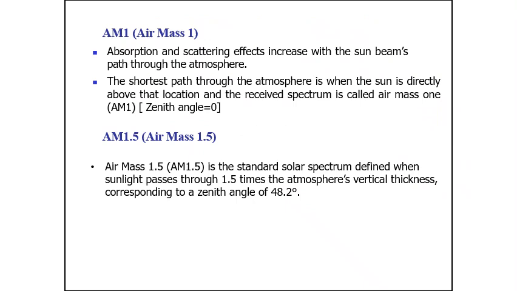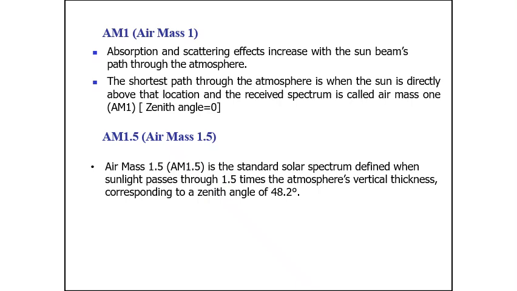Now we will look into the condition when the solar irradiation enters the Earth's surface and its atmosphere. So considering that air mass 1 is indicated as the shortest path through the atmosphere, it is when the sun is directly above that location.